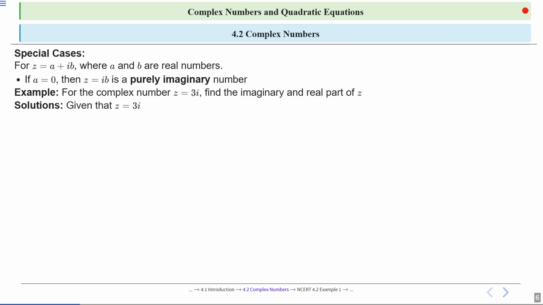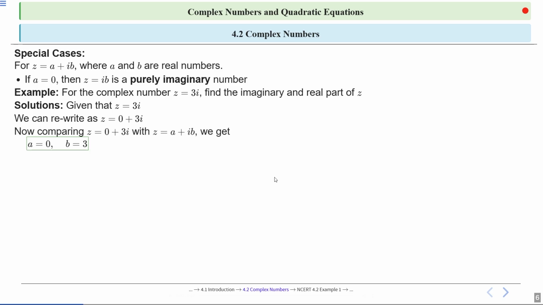Given that Z equal to 3 times iota, let's write down the general form of a complex number Z equal to A plus iota B. This will help us identify the real and imaginary parts directly. We can rewrite it as Z equal to 0 plus 3 times iota.